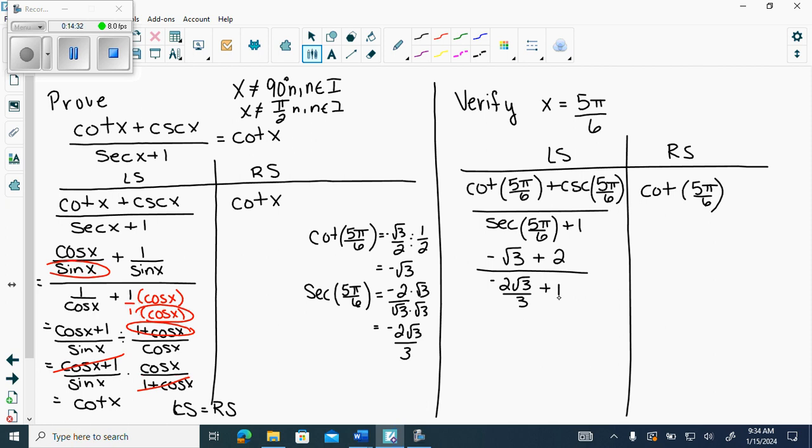And then cotan we did already, it was negative root 3. This one we need to get a common denominator, so we can turn the 1 into 3 over 3. So we're going to get negative root 3 plus 2, over 1 technically, divided by negative 2 root 3 plus 3 all over 3. And it flips.